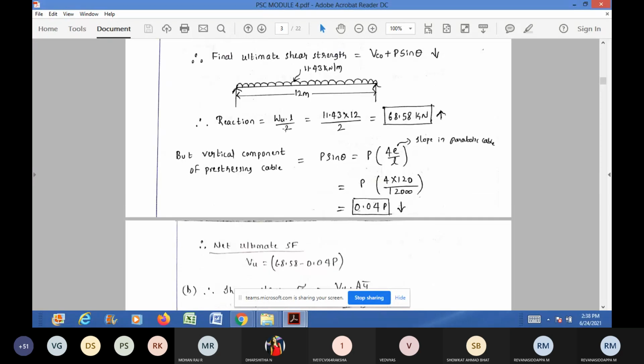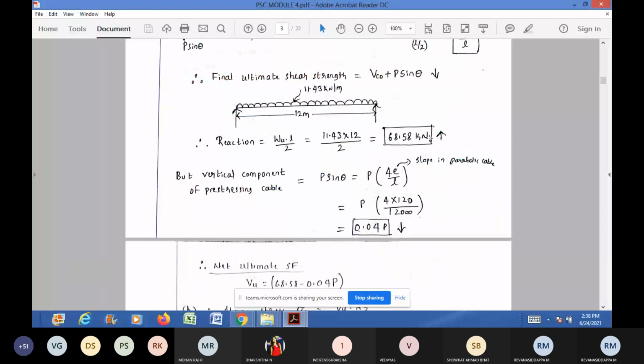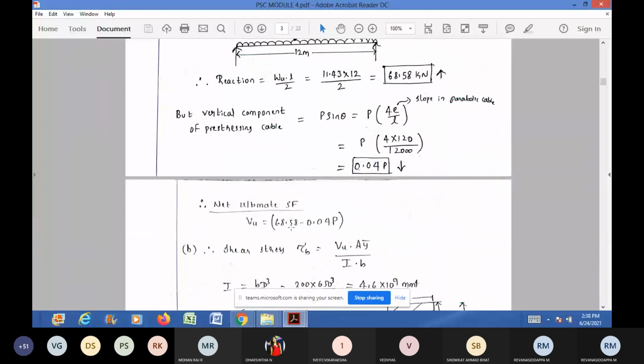And one more thing you can observe with respect to the sign convention. The reactive force is acting in the upward direction, so it is plus 68.58. When you take the vertical component of the pre-stressing force, it will act in the downward direction. You can see in the figure here. So the sign for this P sin theta is minus, and the sign for this reaction is plus. So 68.58 minus 0.04 P is the ultimate shear force at the support section.